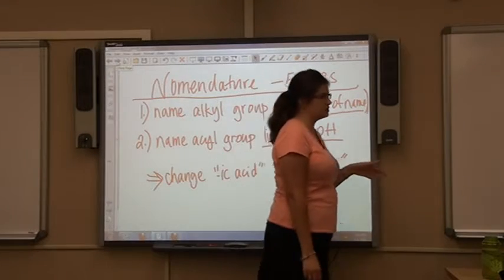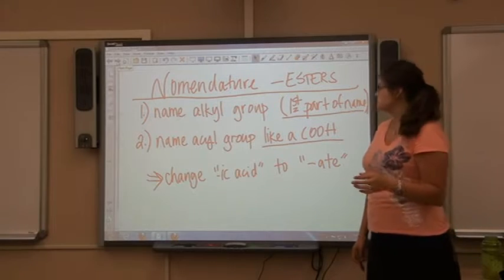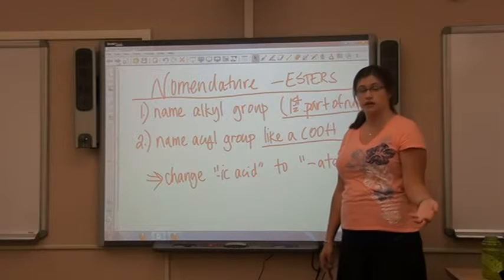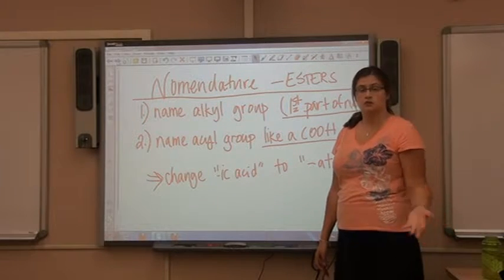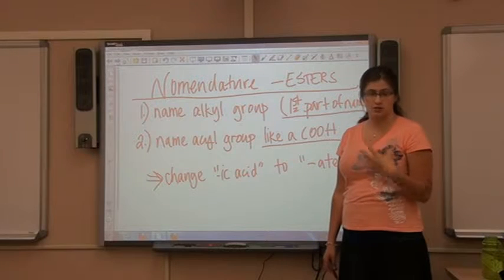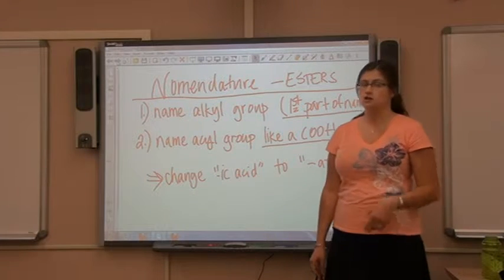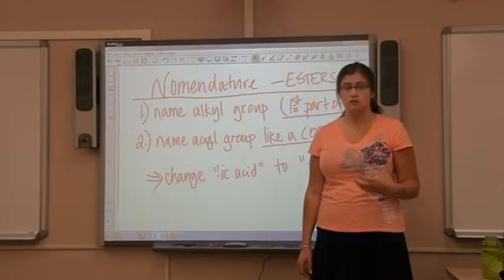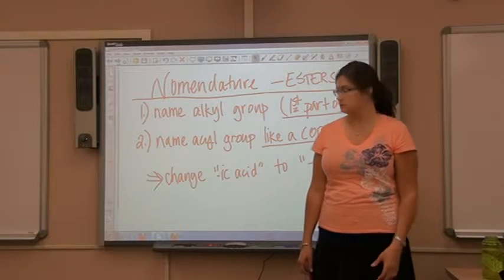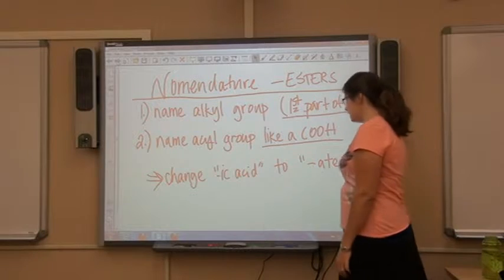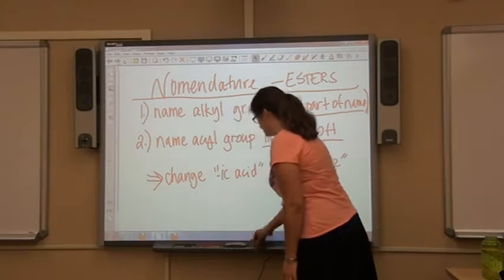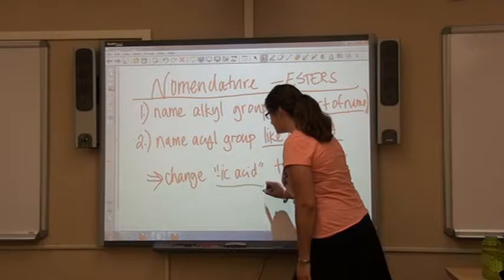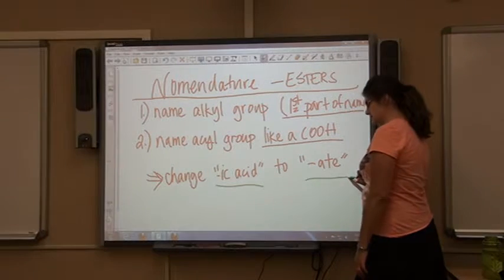Then the second step is what's a little bit complicated. We have to name that whole acyl group like a carboxylic acid. We're going to go through all of the steps of naming it just like a carboxylic acid. Use the oic acid if it's acyclic, and if it's cyclic, use carboxylic acid at the end. Then, whatever our ending is, we're going to change ic acid to ate.